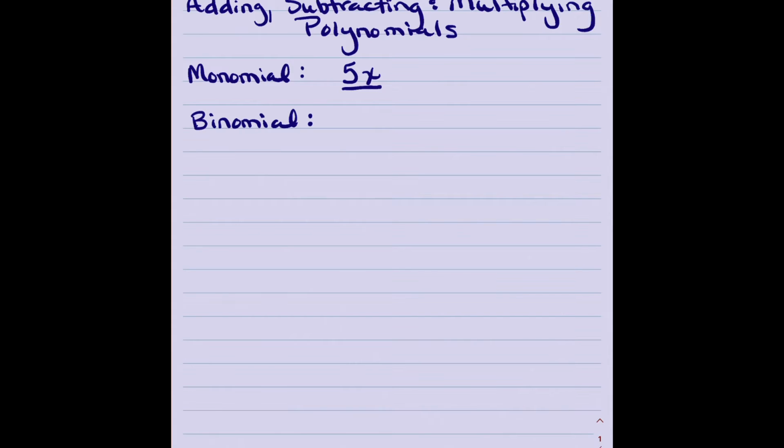Let's talk about a binomial. An example of a binomial would be 2x squared plus 7. And notice that we have two monomials actually being added together. A trinomial would be something like x to the third minus 10x plus 1.